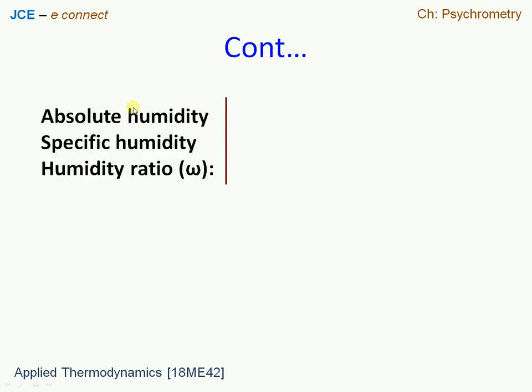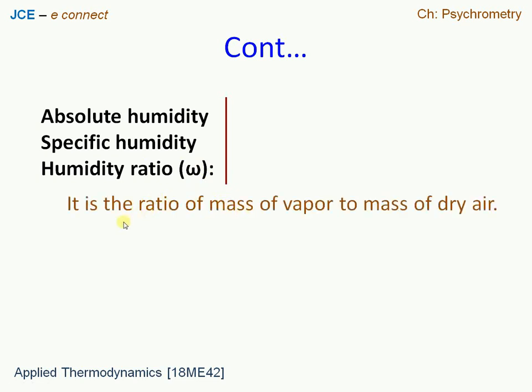Now let's look at the next property, called absolute humidity. This is also called specific humidity, or humidity ratio. Symbolically it is represented as W, or omega. It is the ratio of the mass of vapor to the mass of dry air. So omega is equal to mass of vapor divided by mass of dry air.